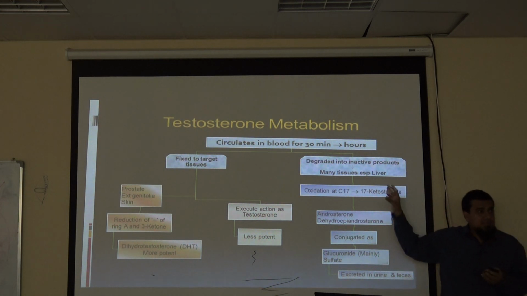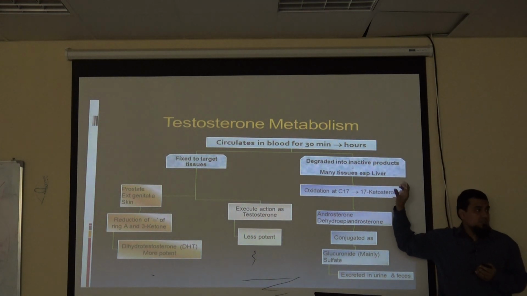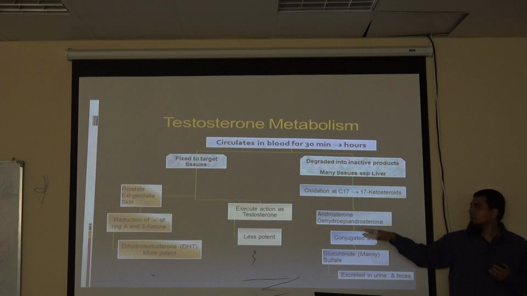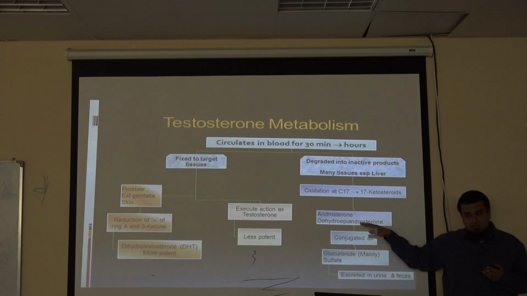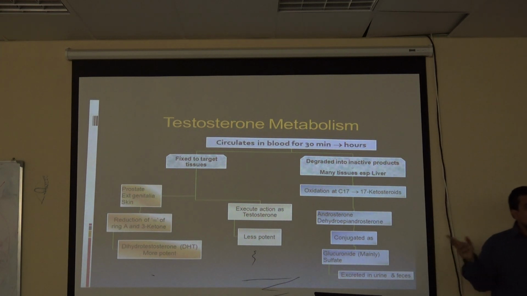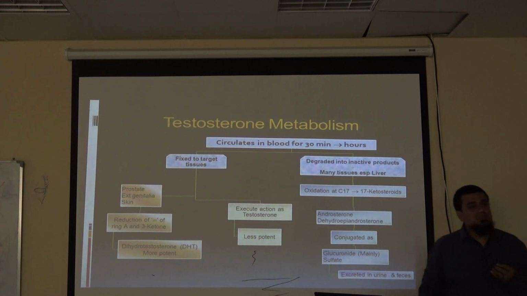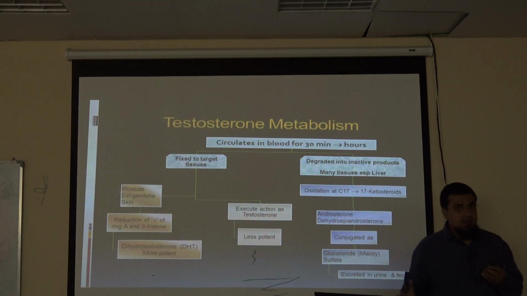This metabolism mostly happens in the liver, where the oxidation occurs at carbon number 17 and the testosterone converts into androsterone and dehydroepiandrosterone, and then these two hormones are conjugated either as sulfates or glucuronides, and they are then excreted out in urine and stool. Clear?